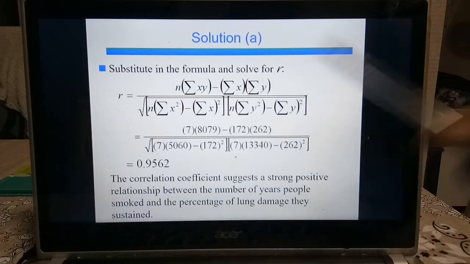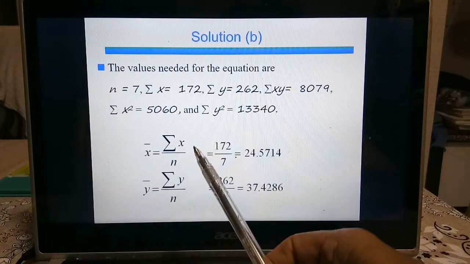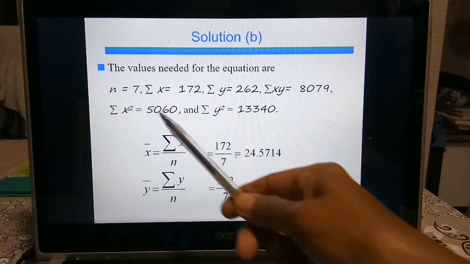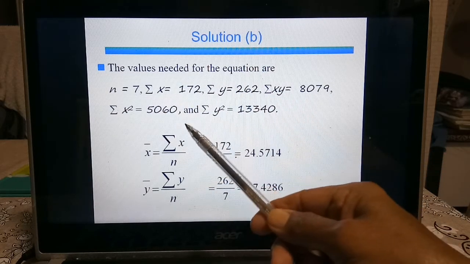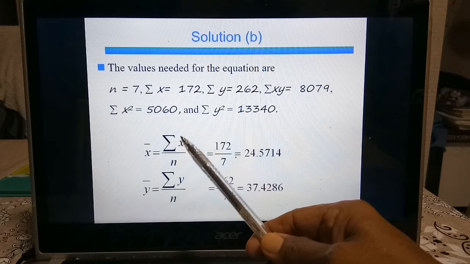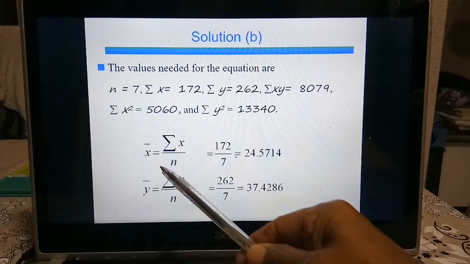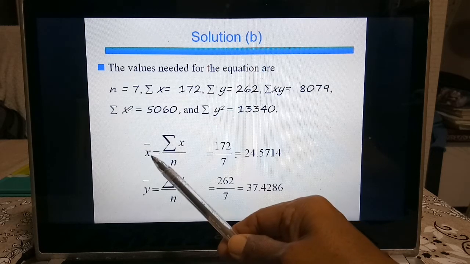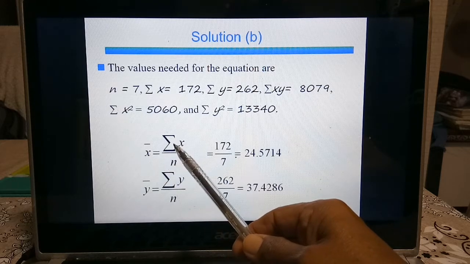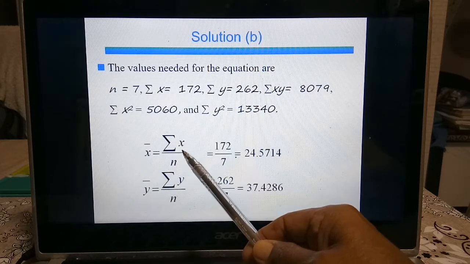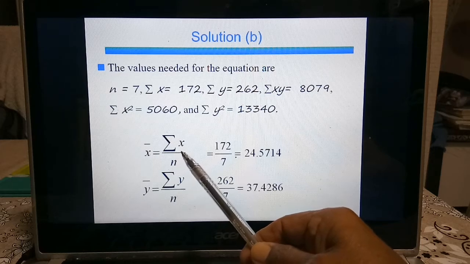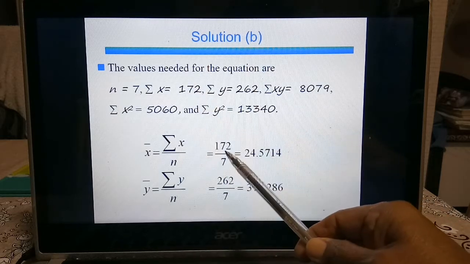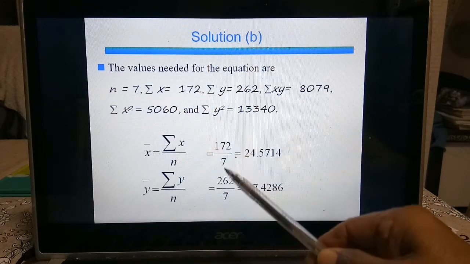Next, we want to get the regression line between X and Y. From the information you obtained here, we substitute to get B0 and B1. First we find X bar, because for B0 and B1 we need X bar and Y bar. X bar, from the table, is the sum of X, the number of months smoked, over N, where the sample size is 7, so we get X bar.